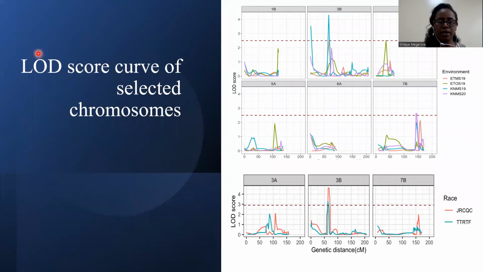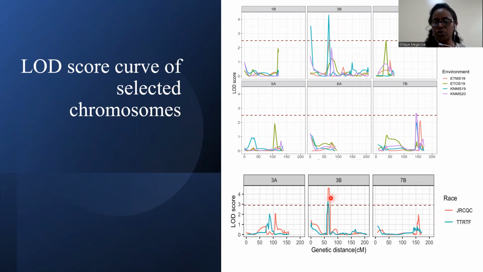So this graph indicates the LOD score curve of the selected chromosomes, and the one on 3B looks like a high effect, large effect QTL, and the one on 4B is on the threshold, a small effect QTL, and the 7B is also small effect. As we see here, on 5A there was a suboptimal QTL for the field response.